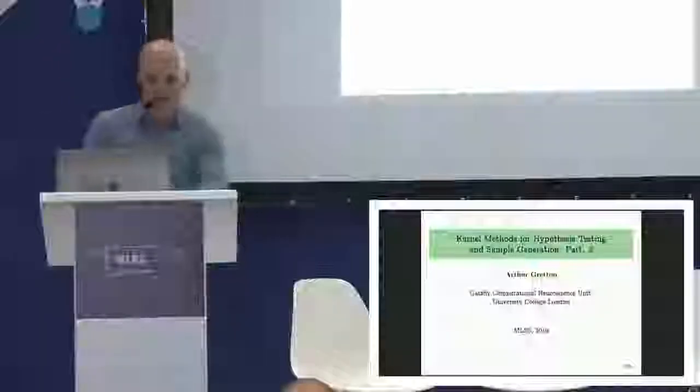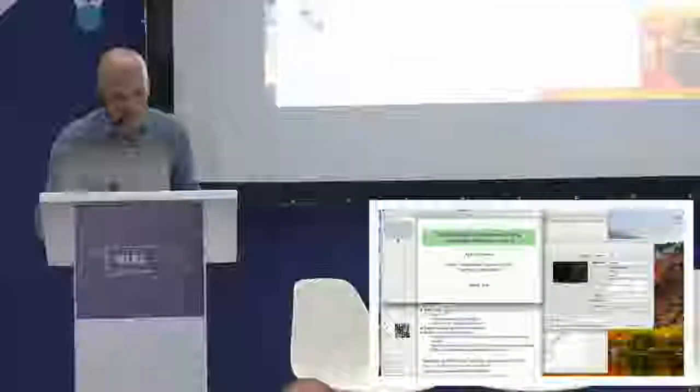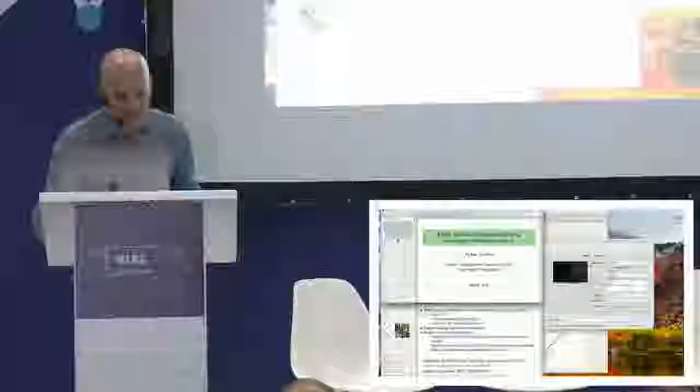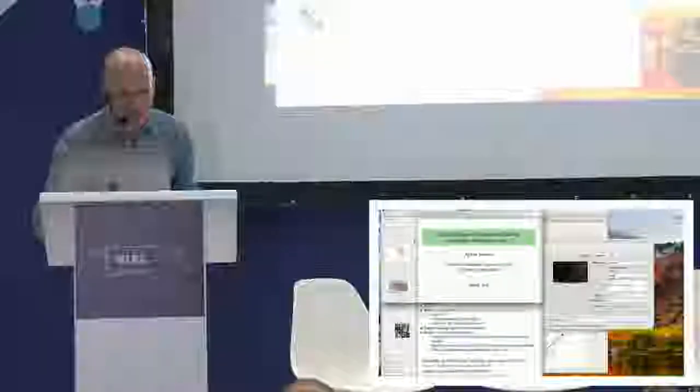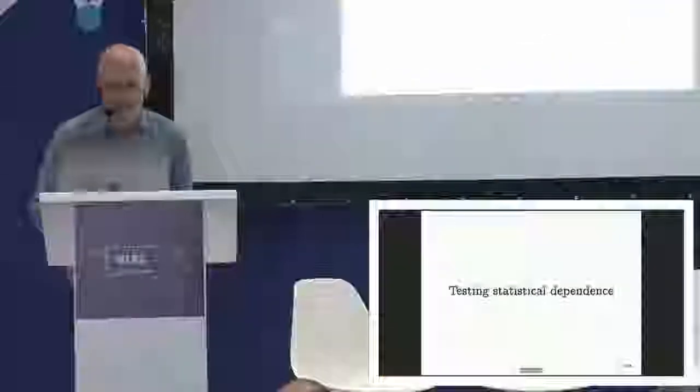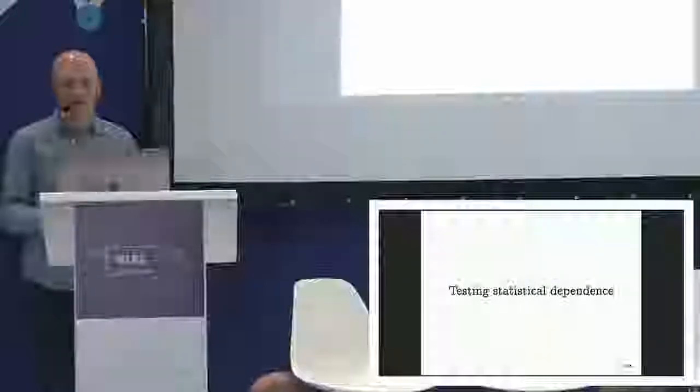I'm going to start from the second part, because I think that one is probably a better one to do. If we get time later, we'll return to the goodness of fit for models. So I'm going to stick with this one first. Good. So, testing statistical dependence.